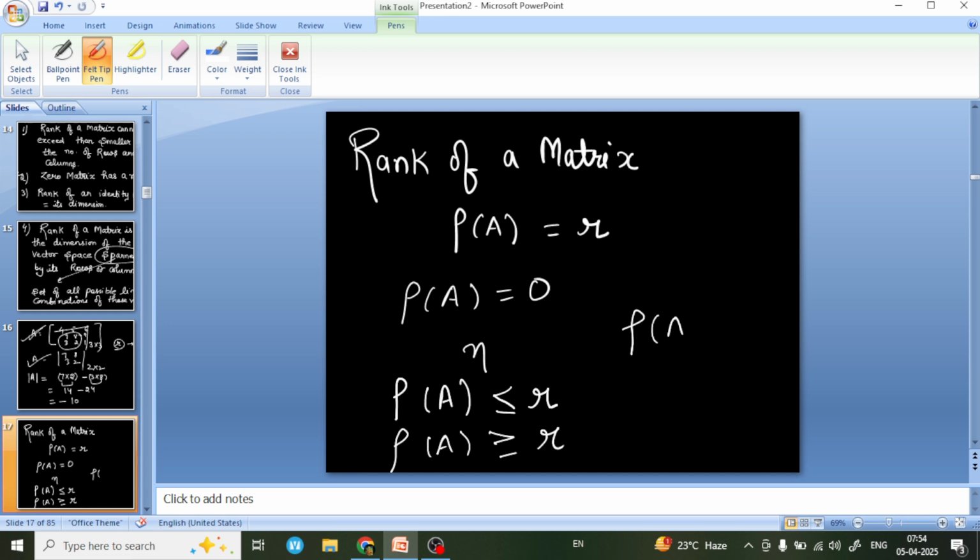Rank of a matrix's transpose equals rank of the matrix. Equivalent matrix means when an elementary transformation is applied to a matrix, the resulting matrix has the same order and same rank. The resulting matrix is called equivalent to the given matrix. We use the tilde symbol to mean has the same order and rank as, or is equivalent to.